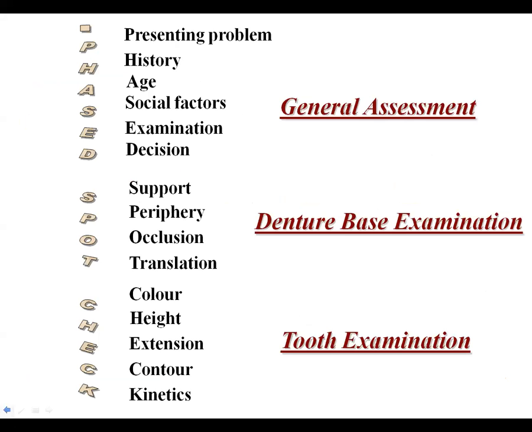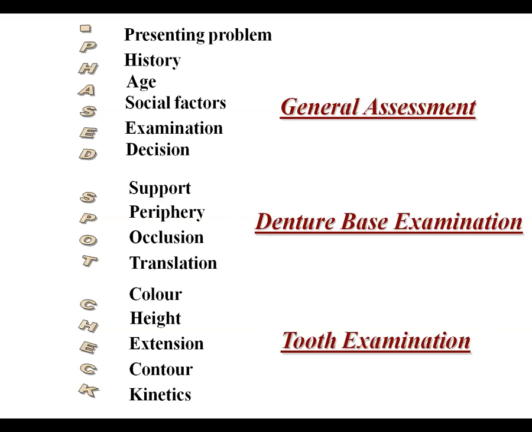Now coming to denture assessment. Again there are three factors we have to evaluate. First is general assessment, second is denture-based examination, and third is tooth examination. In general assessment, first is the presenting problem: we have to consider what the patient is complaining about.